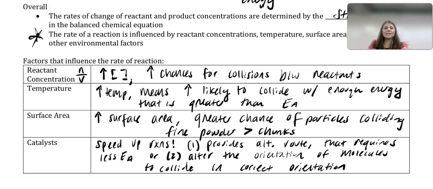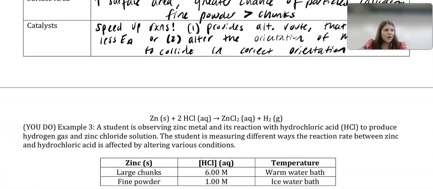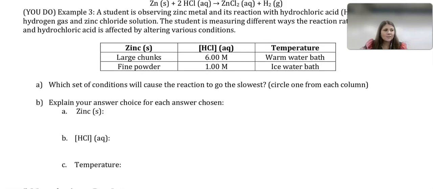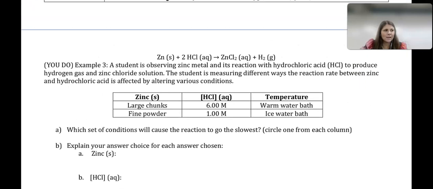There are catalysts that end up literally taking a reactant and finding another reactant, and putting them in the correct orientations to react. Again, we'll talk more about these catalysts, but this is what catalysts do. They help provide an alternate experience for those particles. All right, I have this part for you to do right now.